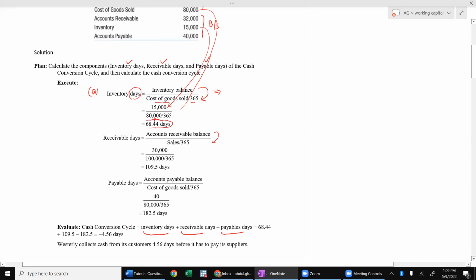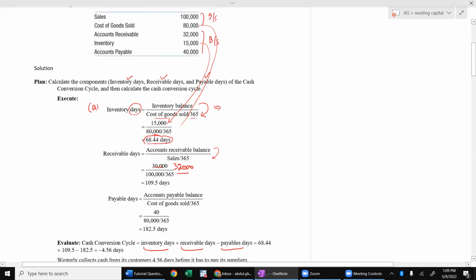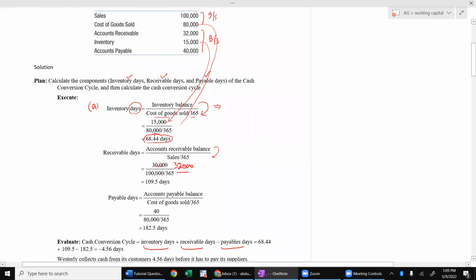and you get 68.44 days. Then receivable days, receivables are also given. So they are 32,000. In fact, they are not 30. Sorry, I actually overlooked it. This is 32,000 divided by sales. Sales is 100,000.